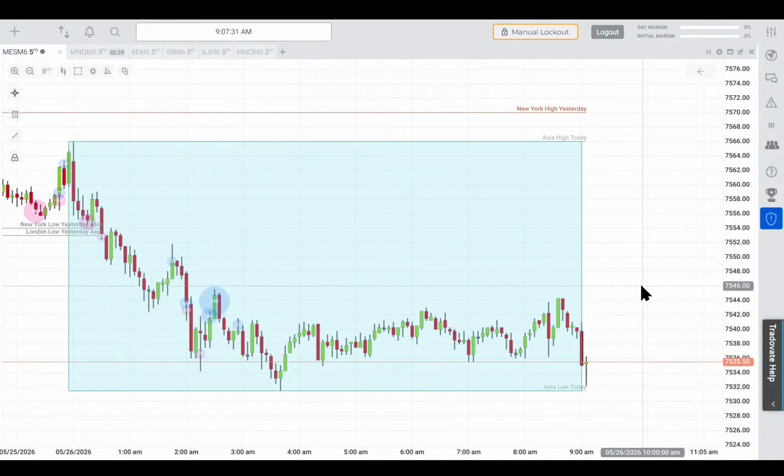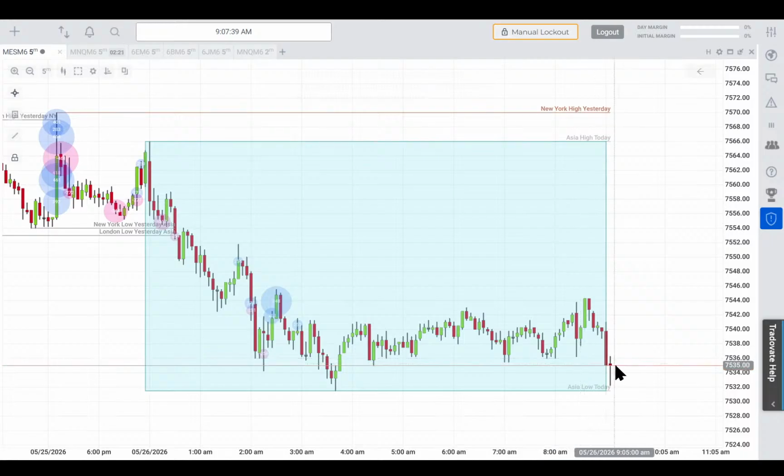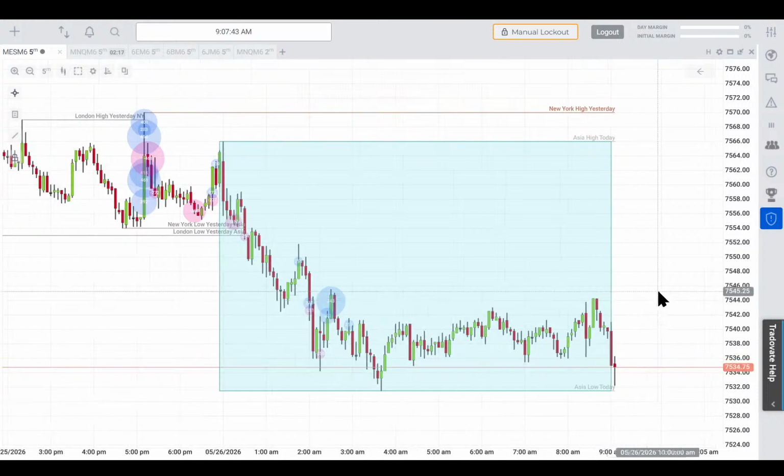Right, same idea. This was strong, created this. We are actually below the level. Interesting. So you wanna go short here and take out the lows? Maybe.